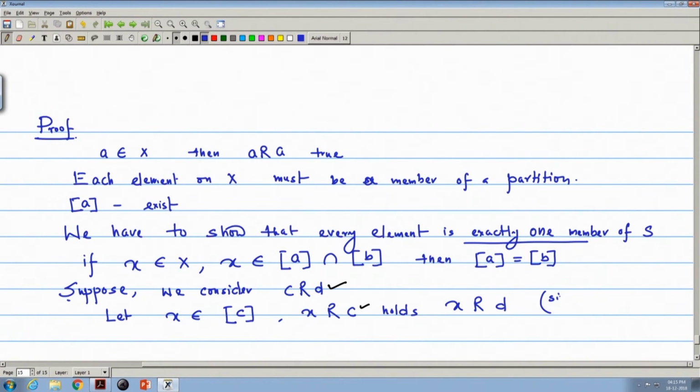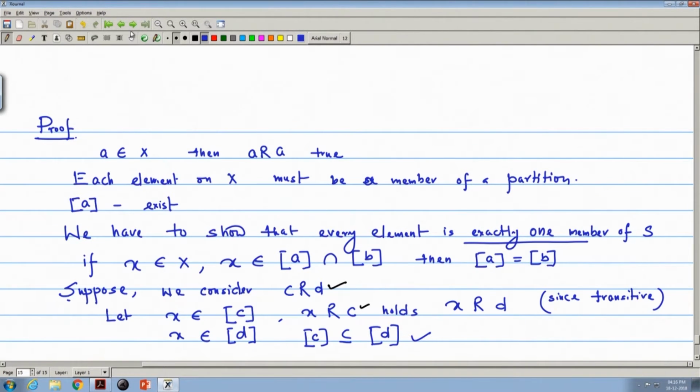Since x R d, that means x belongs to [d] also. So, I can tell that all elements belonging to [c] form a subset of [d].